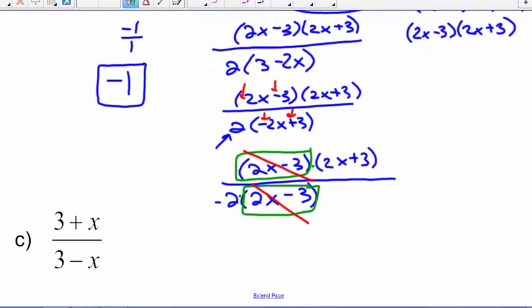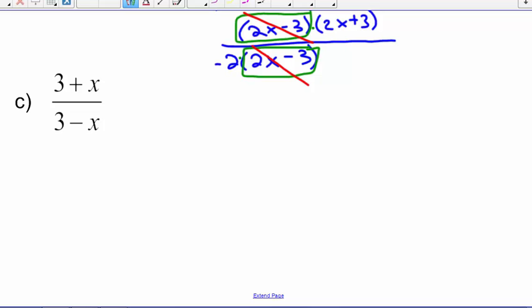On the bottom, I'm going to have a negative 2. Now again, at this point, I am done. I can't cancel out the 2's because if it was just 2x over negative 2, that'd be fine. It's multiplying, but I have the plus 3 there. So I think I'm left with just 2x plus 3 all over negative 2.